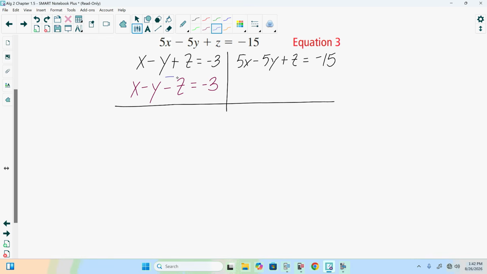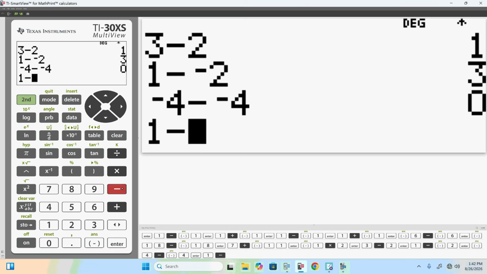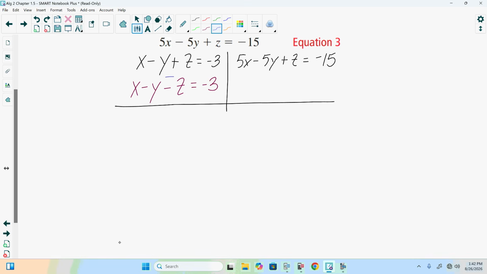If we subtract, 1 minus negative 1, the negative and negative make a positive, so we have 1 plus 1 is 2. So we wouldn't subtract, we would add, because 1 plus negative 1 equals 0. So that tells us we need to add all the way across.